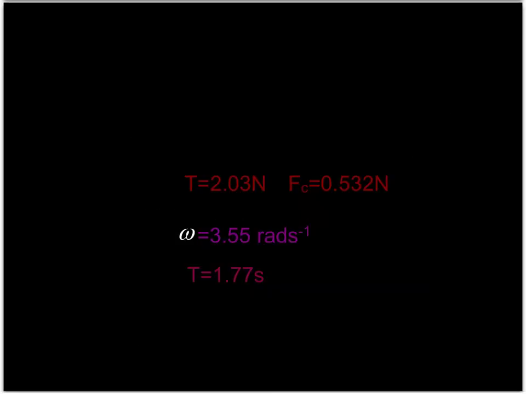They should be the following. The tension T should be 2.03 newtons, and the centripetal force 0.532 newtons, angular velocity 3.55 radians per second, and the period T 1.77 seconds in the end.